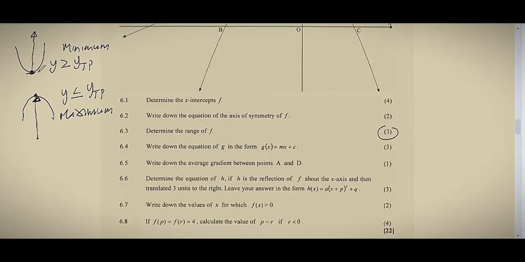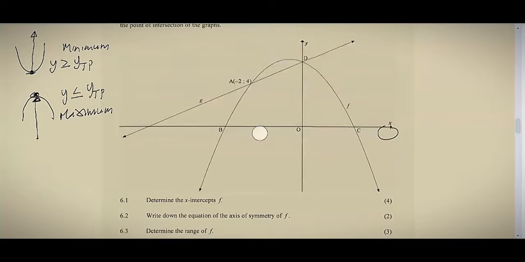So the situation that we have here is concave down, right? So that means we would need to find the y-coordinate of the turning point. So how are we going to get that one?